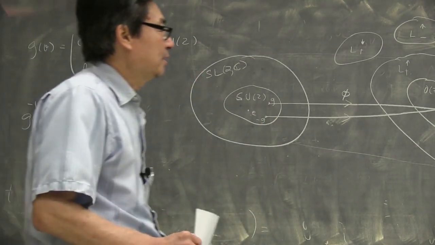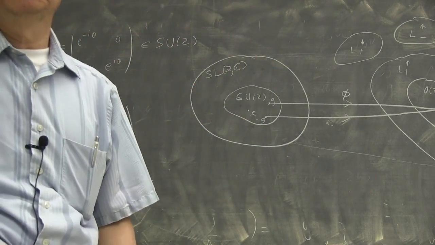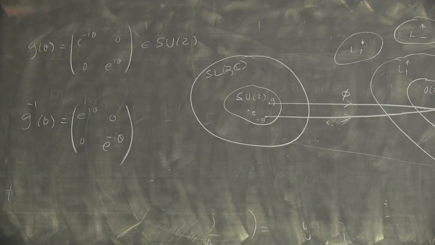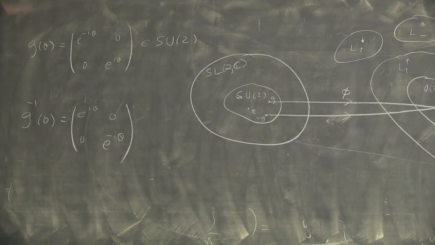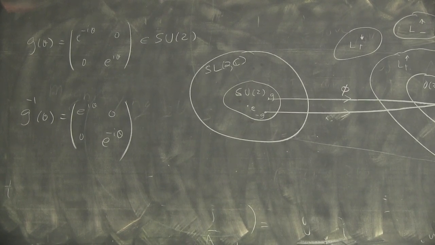Then we're going to try to see under that homomorphism what kind of Lorentz transformation that gets taken to by phi. So let's calculate this thing in here.